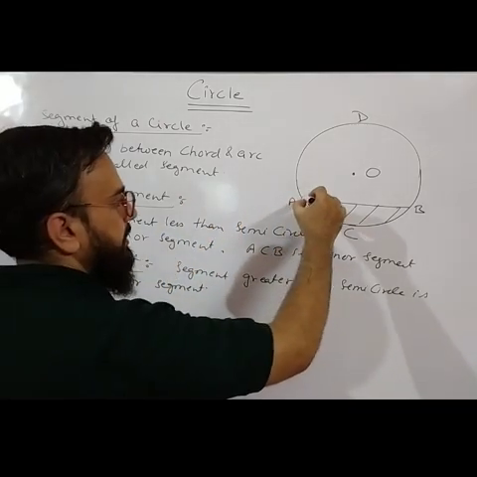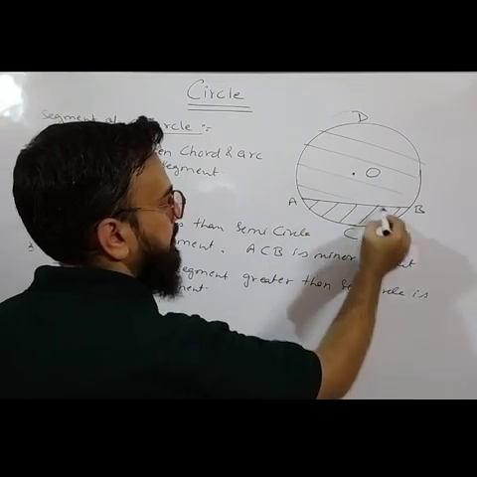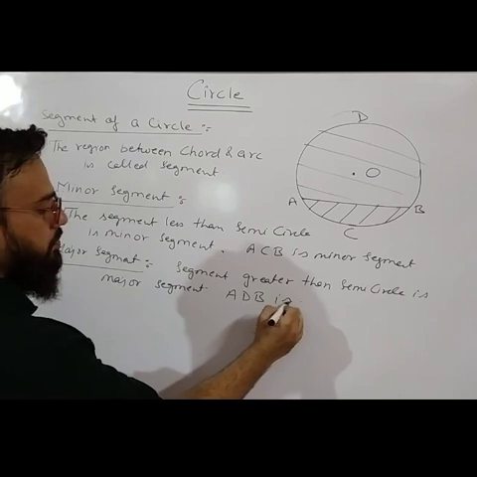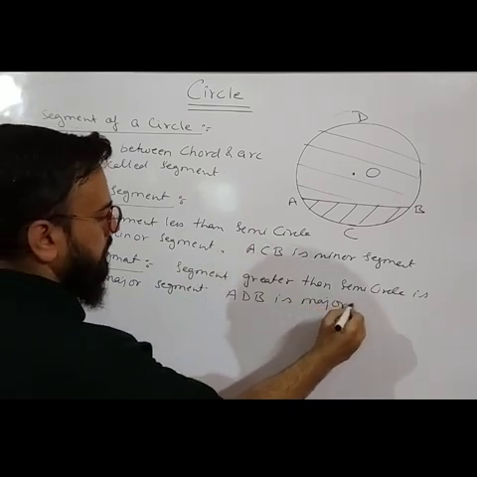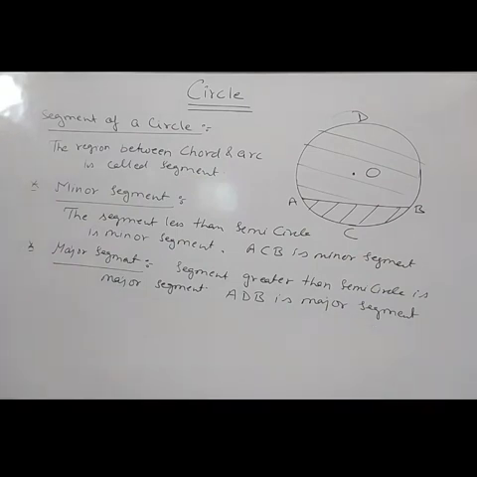If we take this segment ADB, this will be the major segment. ADB is major segment. So we have discussed arc, two types of arc, minor arc and major arc, then two types of segment, minor segment and major segment.